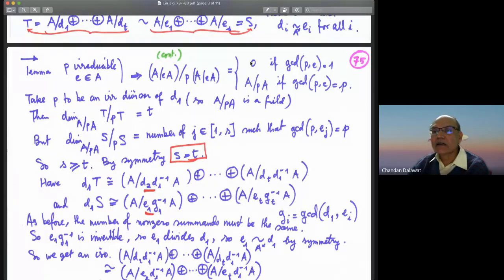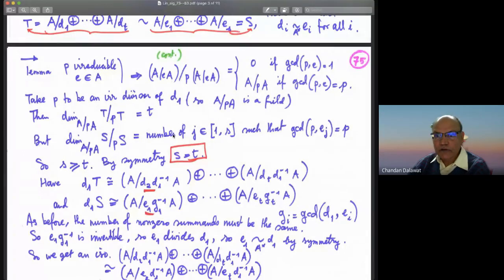The others don't contribute. The quotient is 0. Okay? So the number of J's has to be at least equal to t. That means that s is at least t. If there are less than t elements here, I can't choose t elements from less than t elements.